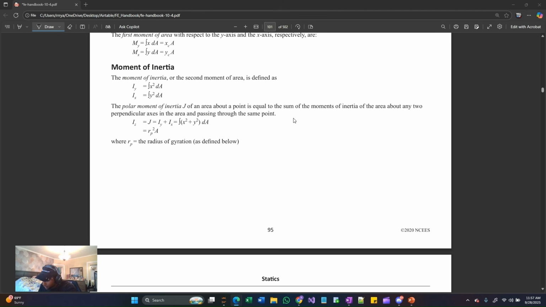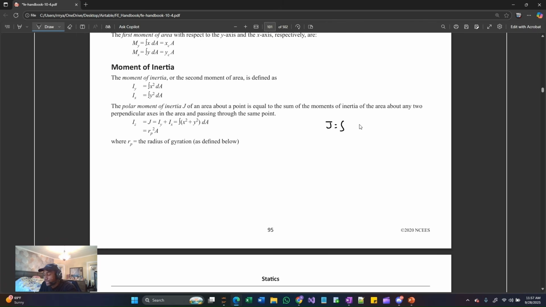So usually what I do is, I think back to the first principles definition of the polar moment of inertia. In general, it is the integral of r squared dA. And this is in general, but for a circle, you can write this differential area as 2 pi r dr. If we go ahead and substitute that in and perform our integration, what we get is pi r to the 4th over 2.